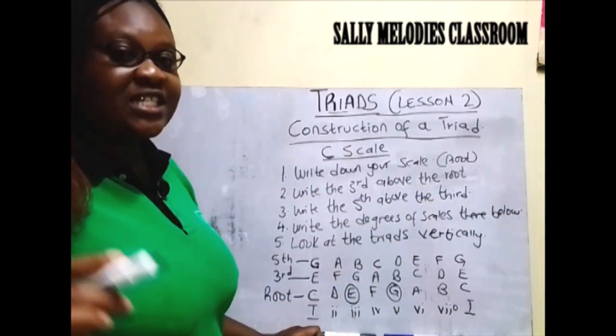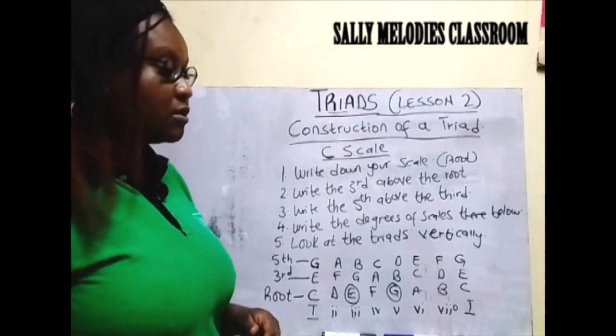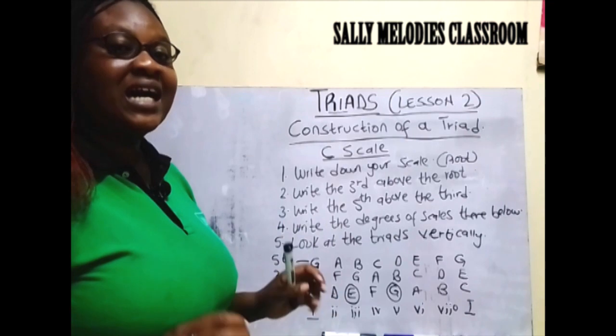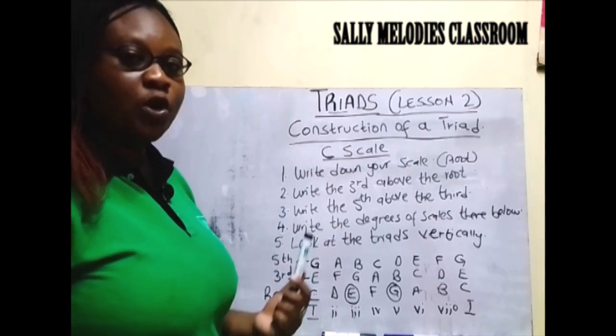We did the degrees of scales, and we said that when you are writing those degrees of scales, there are those that have Roman capital and others have small Romans.